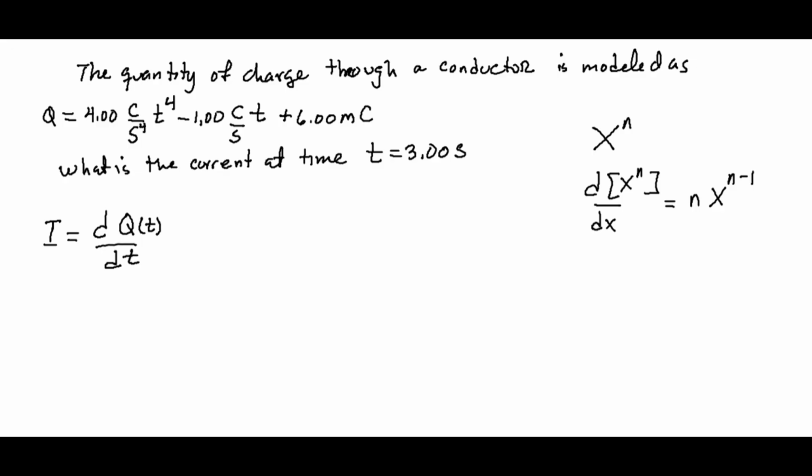So you take the derivative of that, without the units, just eliminating these units. The function Q of t is 4.00 t to the fourth minus 1.00 t plus 6.00, dt.